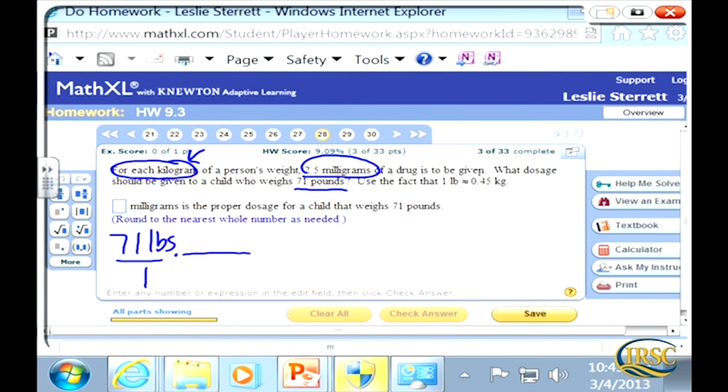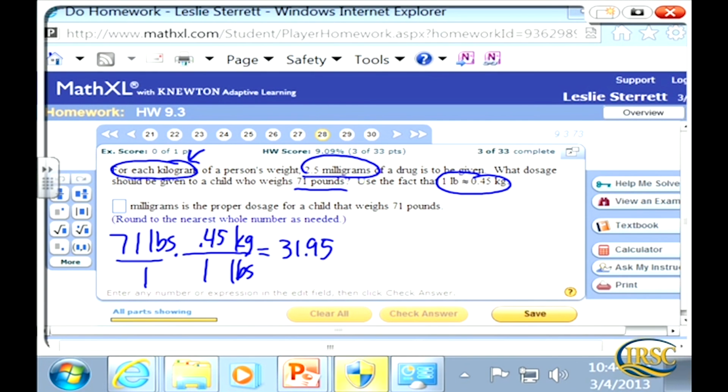And then we can use the fact that 1 pound is approximately 0.45 kilograms. Okay, so pounds has to go diagonal, kilograms up here, and we have 0.45 over 1. So 71 times 0.45, what do we get? 31.95.